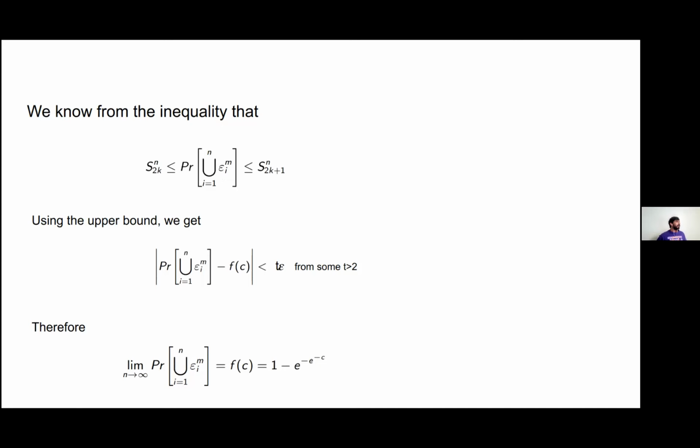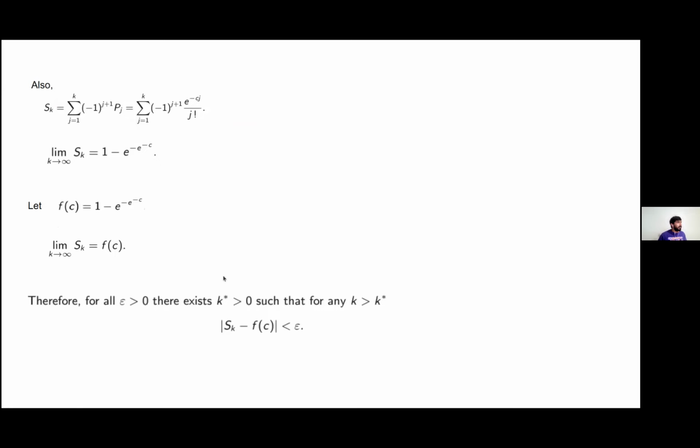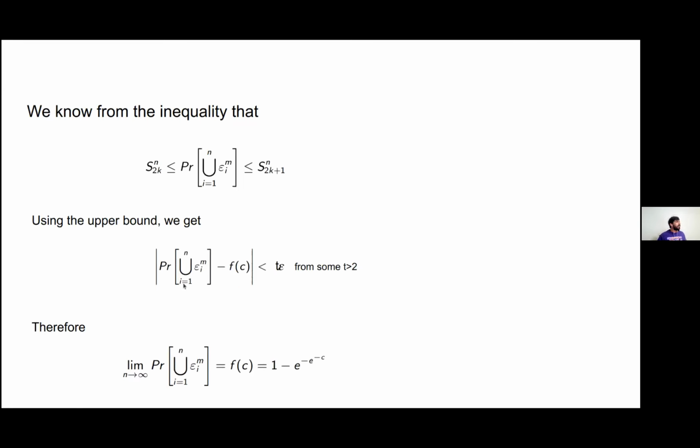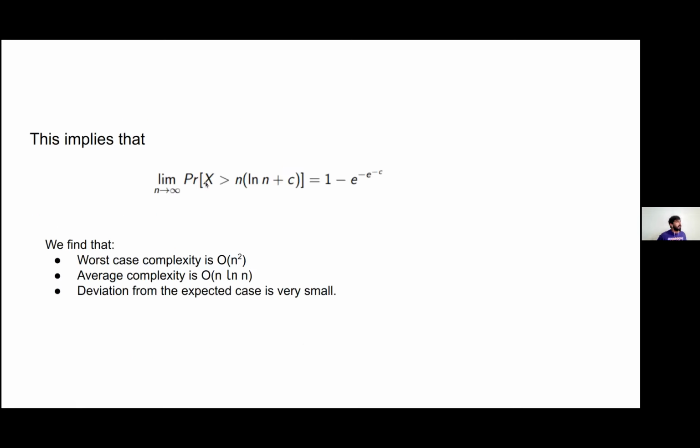Using the upper bound from this term, we can substitute in our previous inequality, S_k minus f of c, saying that the probability of the union of all these terms minus f of c is less than or equal to some other epsilon term multiplied by a constant here. From this, we can say that as n tends to infinity, the probability of the union of all these terms is nothing but f of c, which is 1 minus e to the power minus e to the power minus c. From this, we can say that the probability of X being greater than the value of m that we choose, n log n plus c, approaches 1 minus e to the power minus e to the power minus c, which is very small.